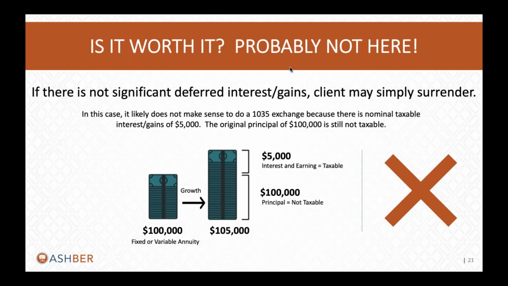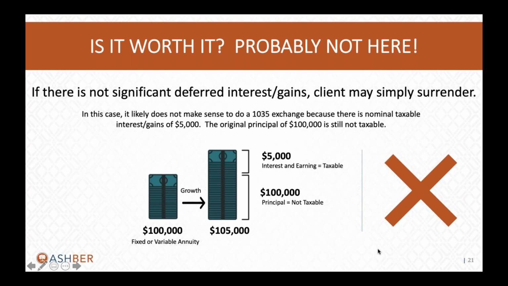In a case like this, where there's only, say, $5,000 of deferred interest or gains, I would likely just be looking at doing a surrender of the existing contract versus doing the 1035 exchange, because the $100,000 that was used to purchase this contract would not be considered taxable when we withdraw the money from the existing annuity.